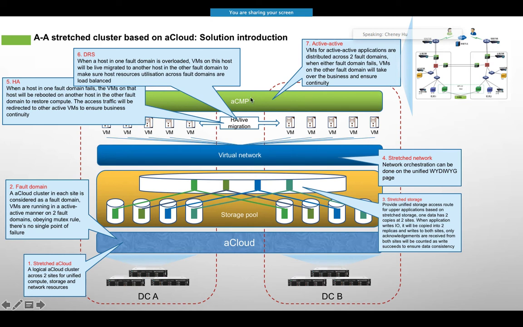That means they will have two applications running simultaneously and syncing information with each other. If one side is down, the application on the other cluster will seamlessly take over the business without any downtime and without any data loss. That is the extreme protection that the stretched cluster solution can provide for mission-critical applications.